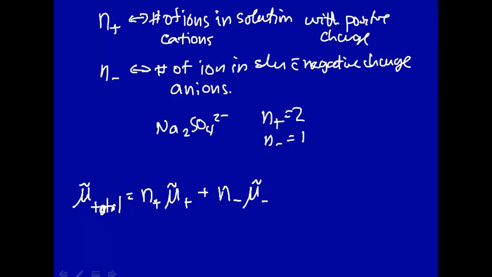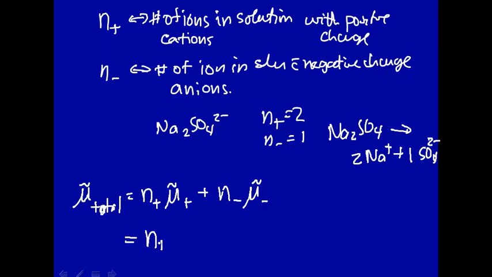And again, the plus and minus refer to the stoichiometric coefficients when you dissolve a substance in water. Like for instance, if you have Na2SO4, when you put this in water, you get 2 Na+ and 1 SO4 2-. So the N plus here would be 2, and the N minus here would be 1. All right, so let's go ahead and expand out the electrochemical potential in terms of activities.